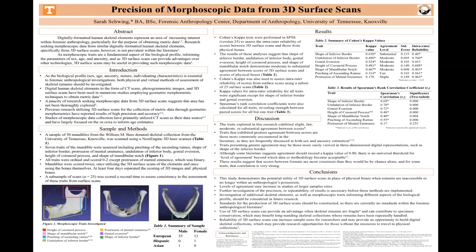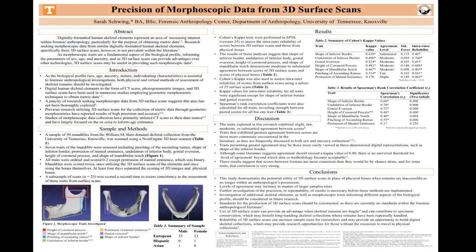Of course. So 3D surface scans are pretty quick to produce. They have a slightly longer generation time, but a quicker post-processing time than other 3D image construction technologies like CT scans. The learning curve for surface scanners is also quite a bit smaller than that for CT scanners.